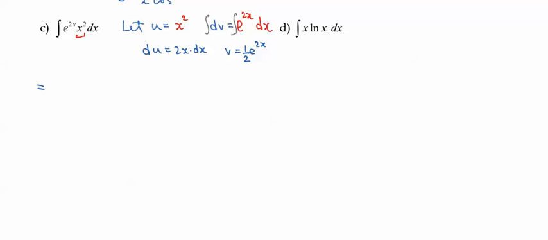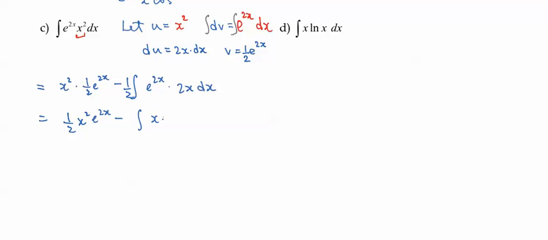So as I proceed with the integration by parts, we will end up with u times v minus the integral of v du. And now you can simplify the expressions to something like this.